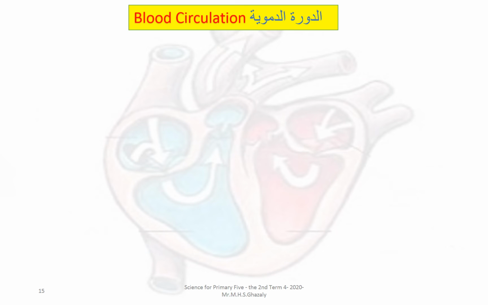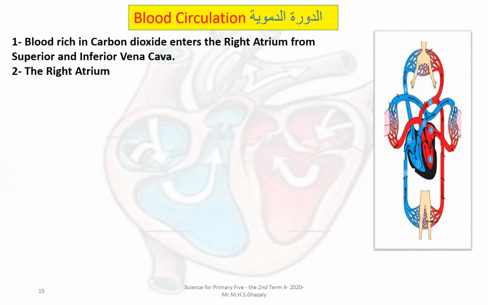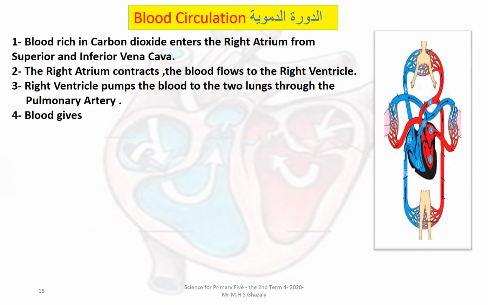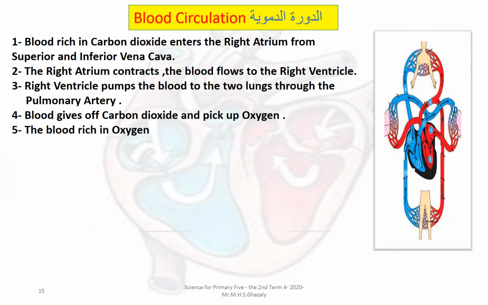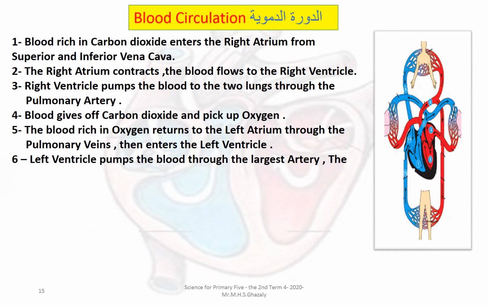Blood circulation. Number 1, blood rich in carbon dioxide enters the right atrium from the superior and inferior vena cava. 2, the right atrium contracts and the blood flows to the right ventricle. 3, the right ventricle pumps blood to the two lungs through the pulmonary artery. 4, blood gives off carbon dioxide and picks up oxygen. 5, blood rich in oxygen returns to the left atrium through the pulmonary veins, then enters the left ventricle. 6, the left ventricle pumps the blood through the largest artery, the aorta.